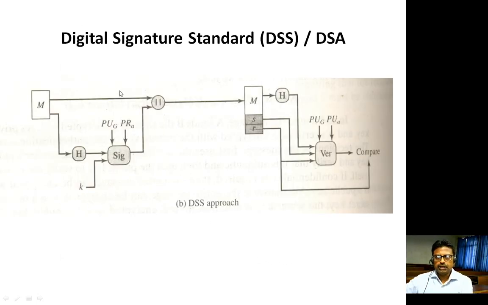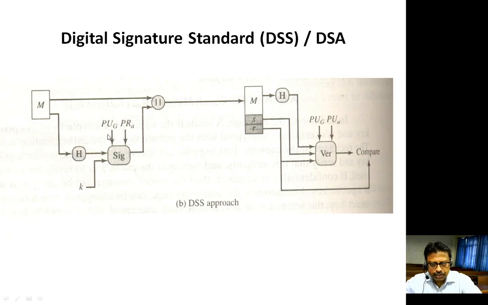So this is the digital signature standard represented in the form of an illustration, in which the message is taken. After applying the hash algorithm, we get the hash value, and this hash value is applied to the signing function. But to use this signing algorithm, we have to use the global public key, the private key of the sender, as well as the random number.